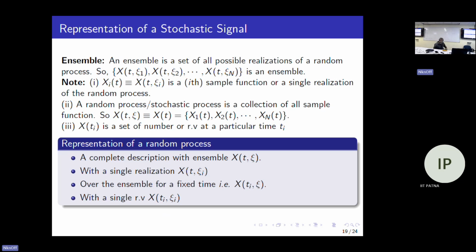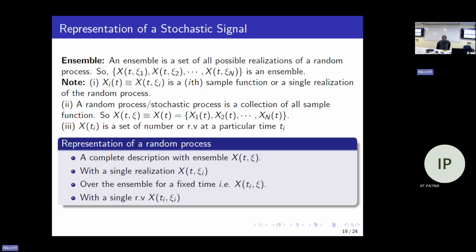We can represent with a single realization, this one or this one or this one. We can represent a particular time, but the points are over the ensemble. But the random process means a collection of all realizations, which is called the ensemble.